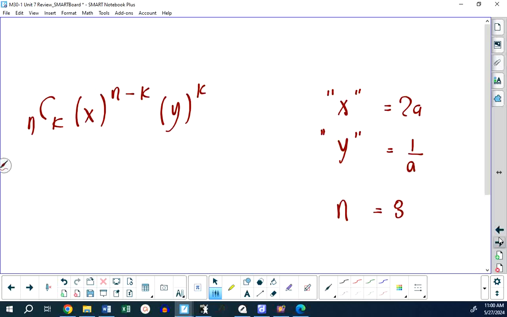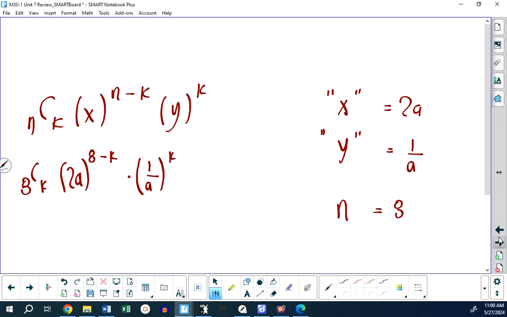Well, let's put everything in there. Let's put everything in here. And we're going to have 8 choose k. We're going to have x to the 8 minus k. Well, we're going to have 2a to the 8 minus k. We're going to have y, which is 1 over a, to the k.